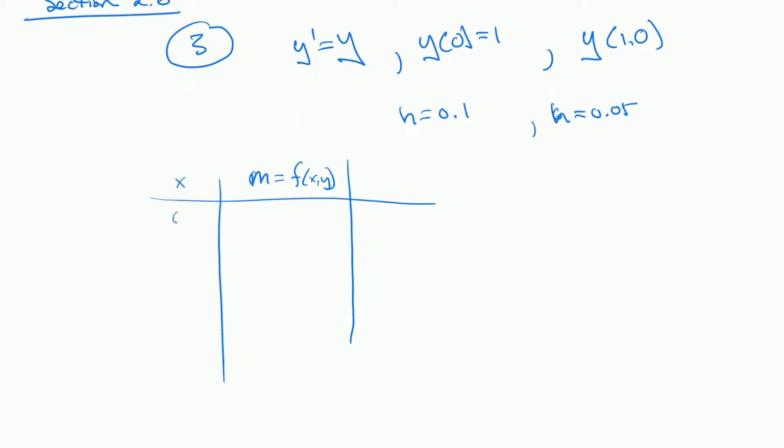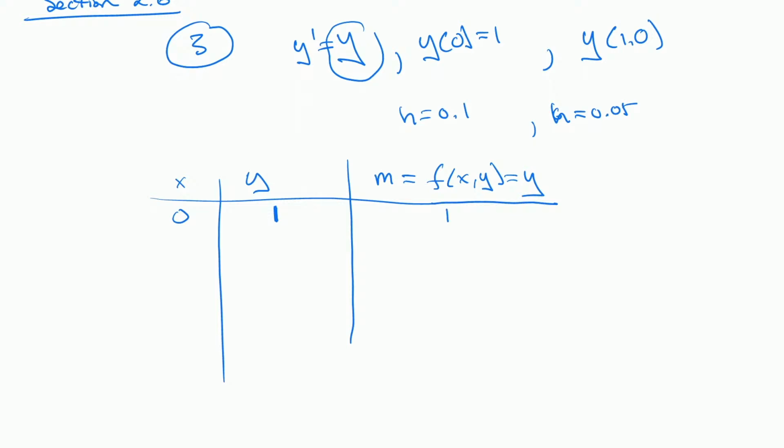We're starting with x equals 0. So y is equal to 1, x equals 0. The slope at that point is 1, because the slope is equal to y.